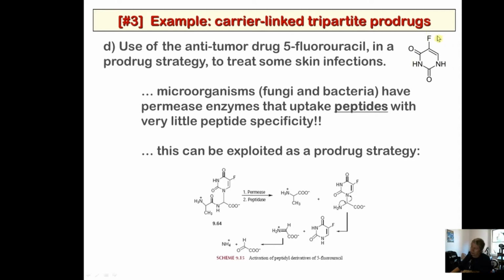It's misincorporated into a growing DNA chain, and then this causes a lot of problems and cytotoxicity.